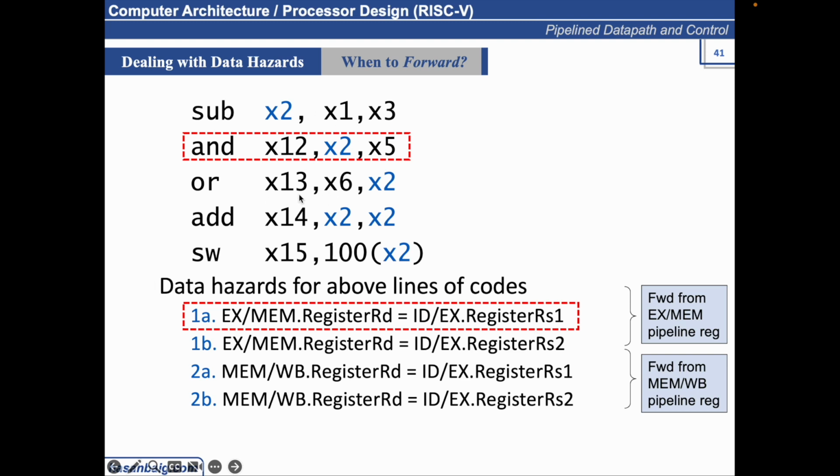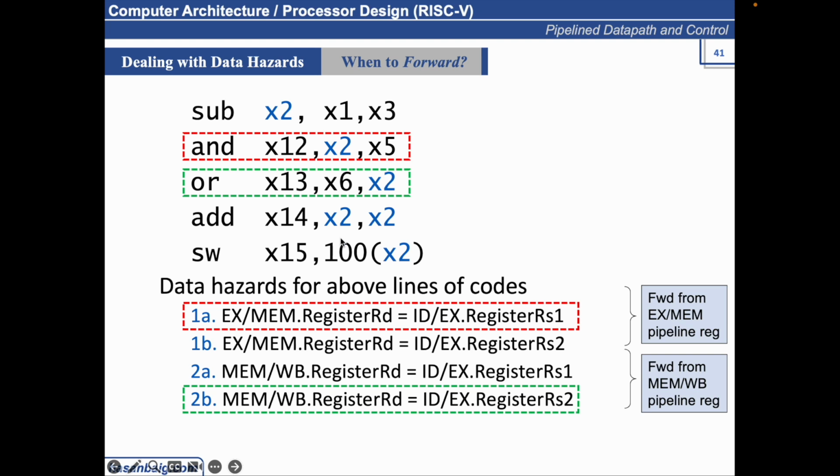What about this one? Which condition is satisfied for this one? Here the idx register rs2 is equivalent to the memWrite back phase register rd. So this will be the condition which qualifies to forward the data of x2 from the memWrite back register for this instruction.